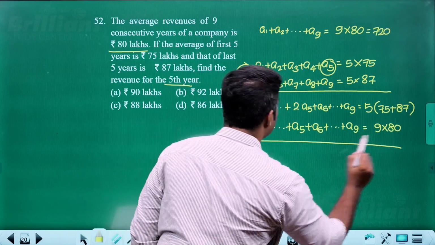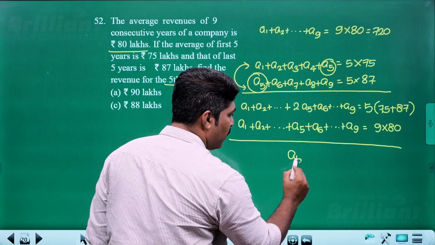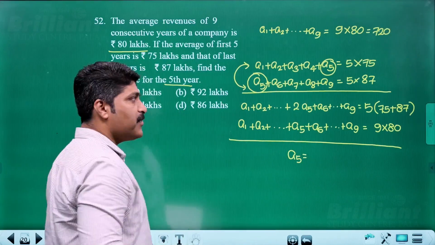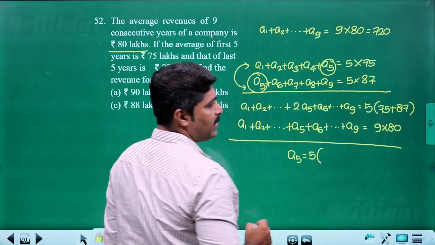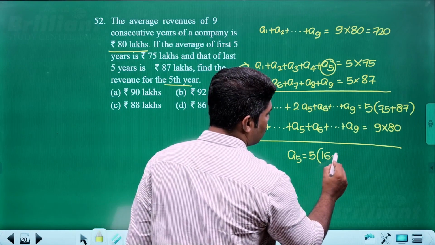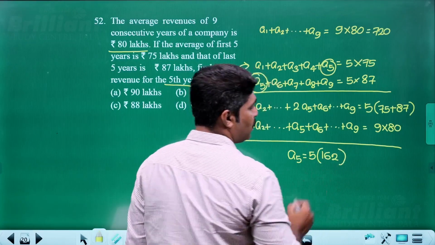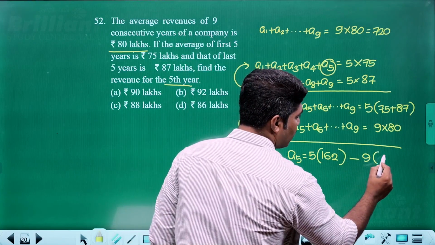We just subtract them. When we subtract this one, what will happen? Only A5 remains there. So understand that step of operation here. This is 5 into 75 plus 87. So what is the value here? That's equal to 162. 162 minus 9 into 80.